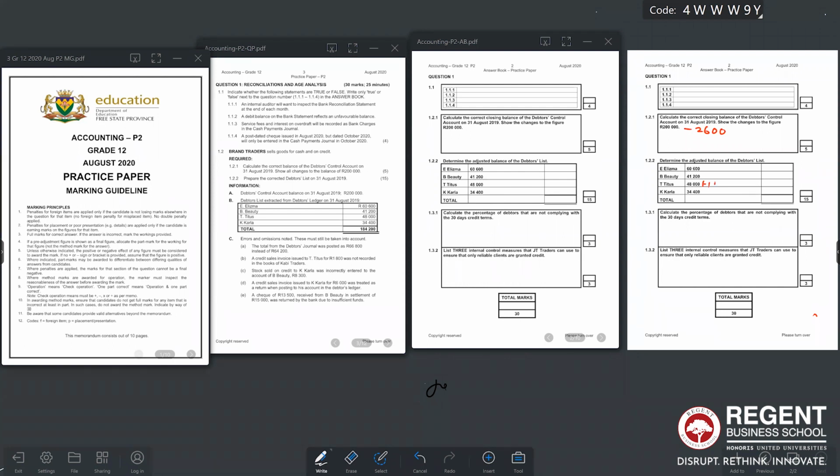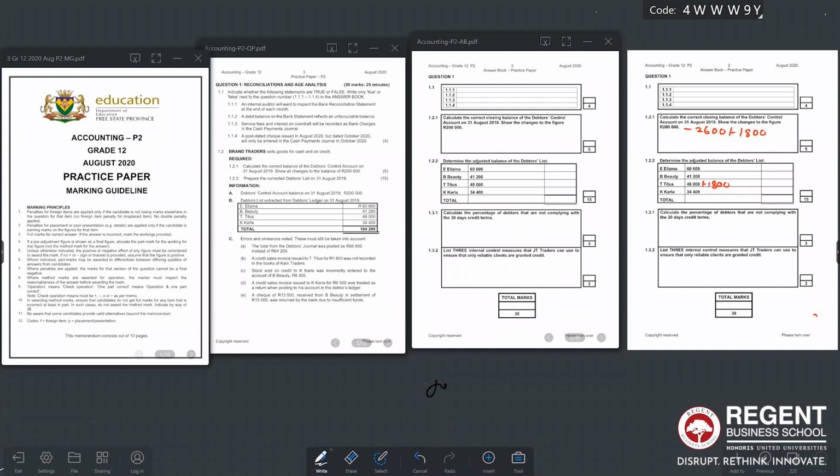I'm adding to Titus and I never entered it in my books at all. So I'm going to put it in my debtors control also plus 1,800. And that takes care of the second one.